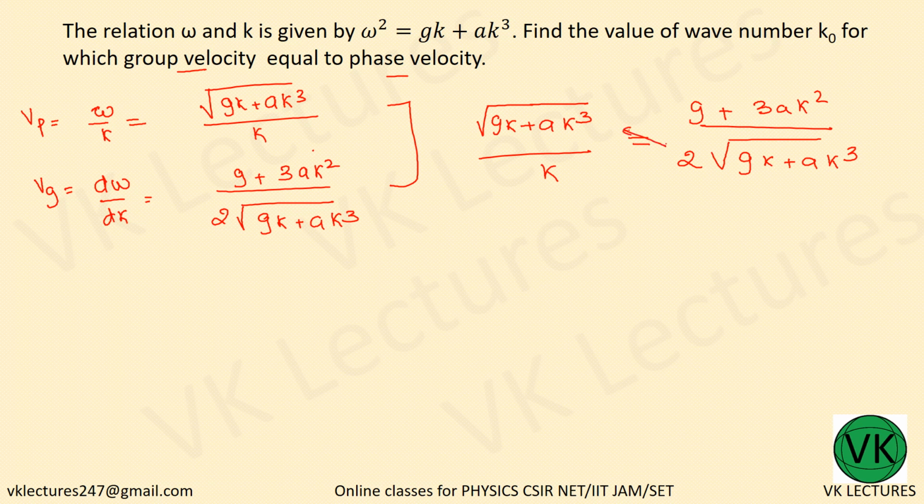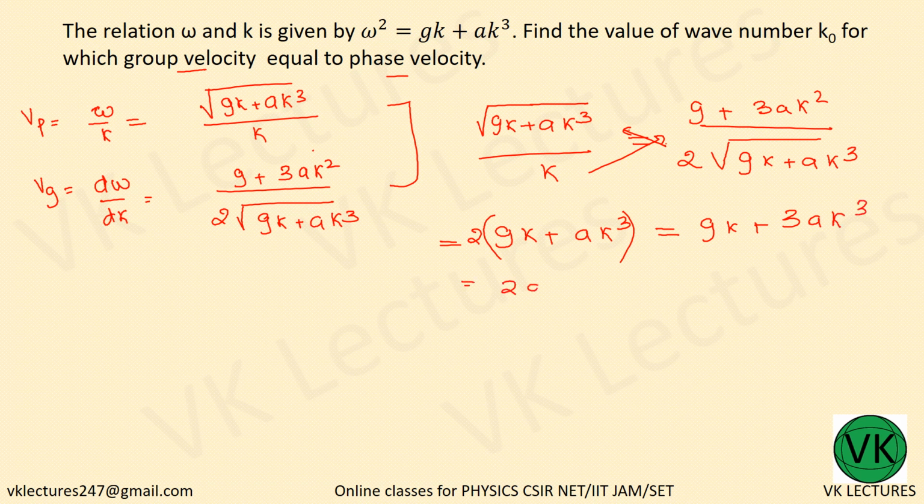So what you are going to get is gk plus ak cube is equal to, then multiply here and you will get 2 times gk plus ak cube equal to gk plus 3 times ak cube.